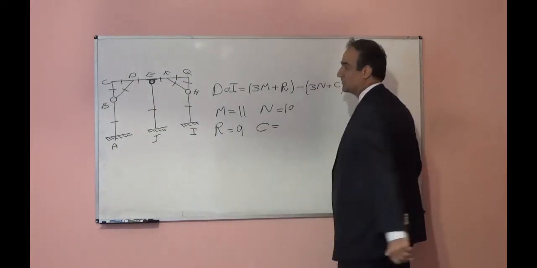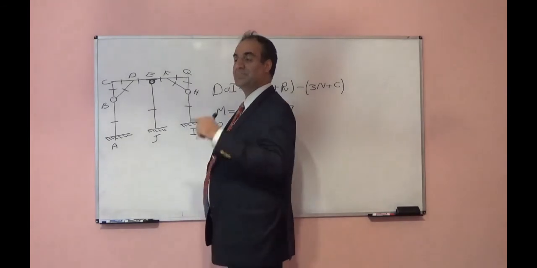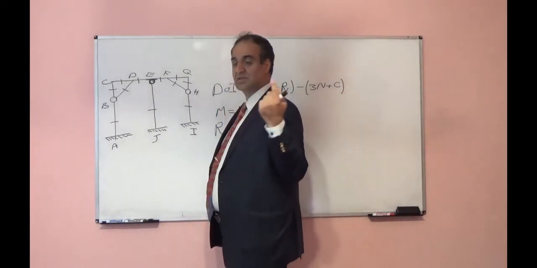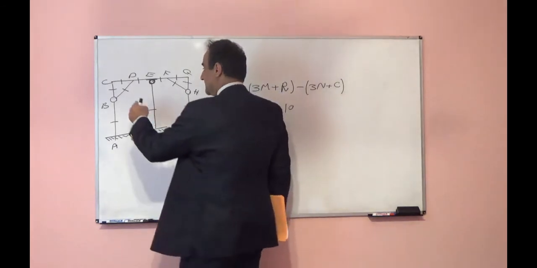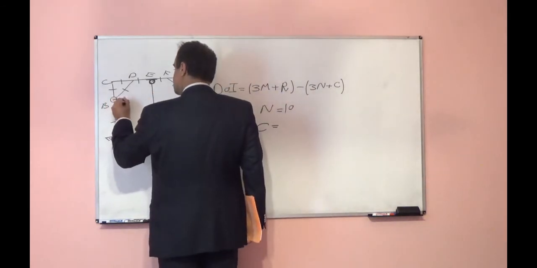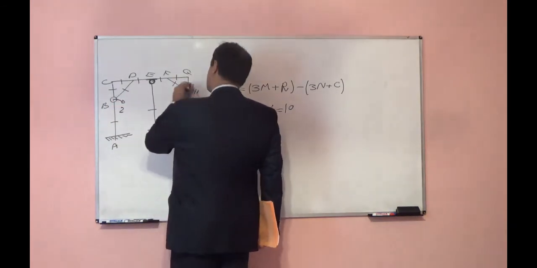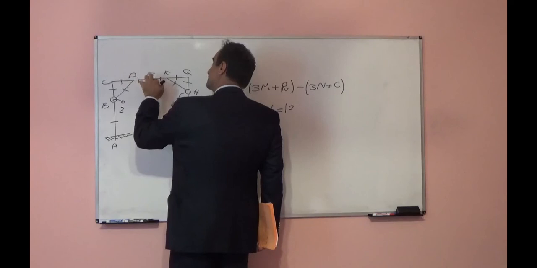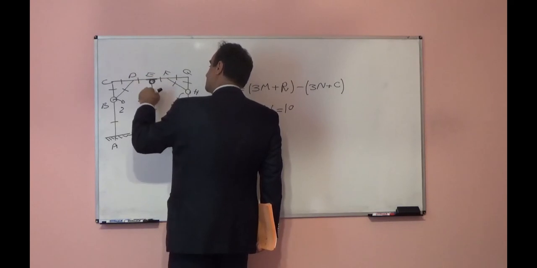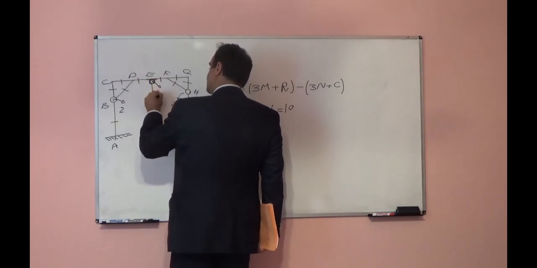C, the condition equations. If m members reach one hinge, the number of condition equations C will be m minus 1. Here 3 members, so C for this will be 2, C for this will be 2. Here, because this is continuous, we will consider that as one member. This is another C, here it is 1.